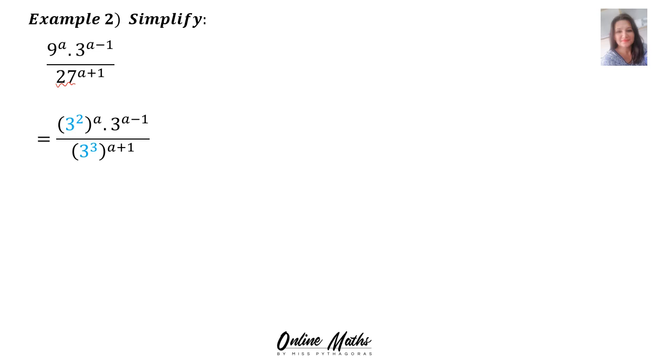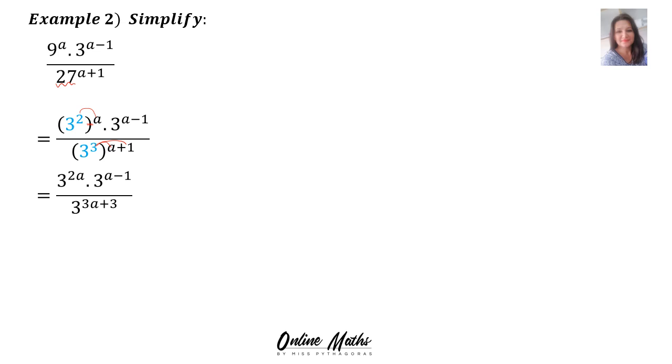So in the next step, I will get rid of the bracket here. So I will multiply the 2. So it's 3 to the 2a times 3 to the a minus 1. And on the denominator, I said 3 to the 3 times a and 3 times 1.